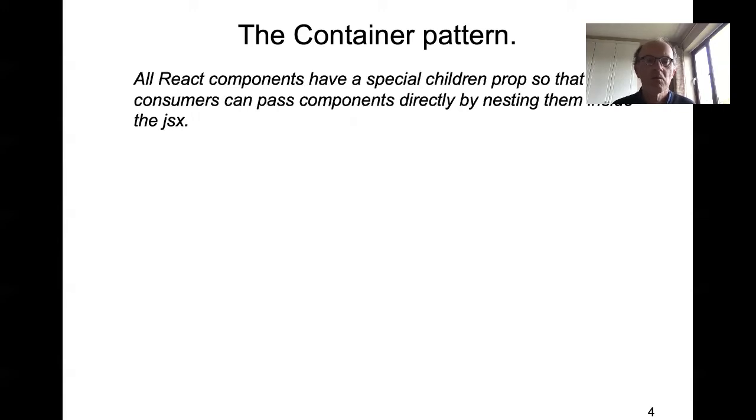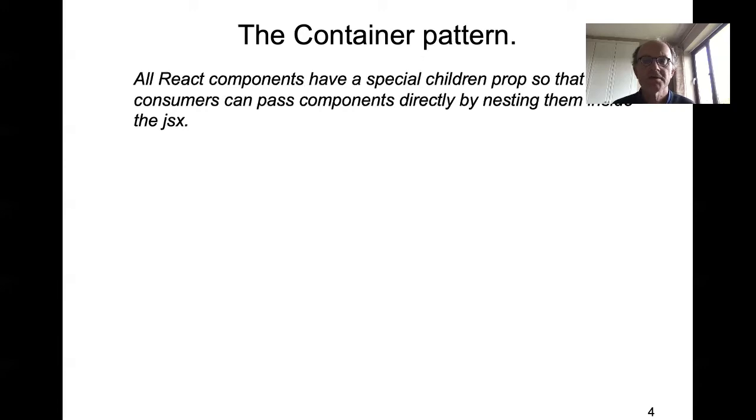The way it works is, imagine you've got two components, component A and component B. And within component A's JSX, it's referring to component B. So we would say that component A is a consumer of component B. We've seen that already in the labs. We've got lots of examples of that.